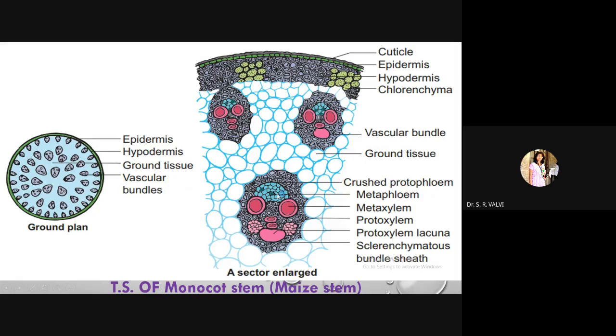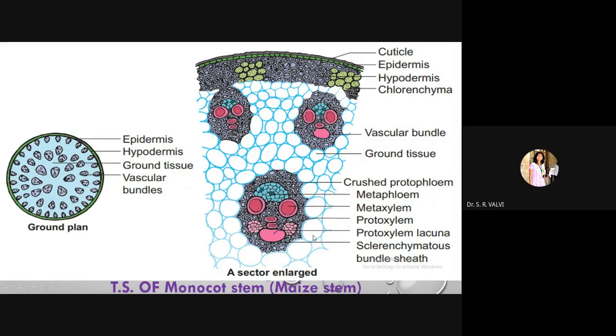So where is the phloem here? See my cursor, the phloem is present here. The phloem patches are metaphloem and protophloem. The metaphloem is present towards the metaxylem, and the protophloem is present towards the protoxylem lacuna.